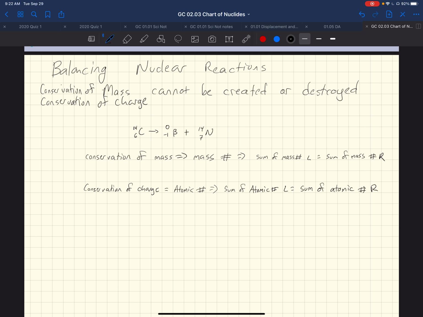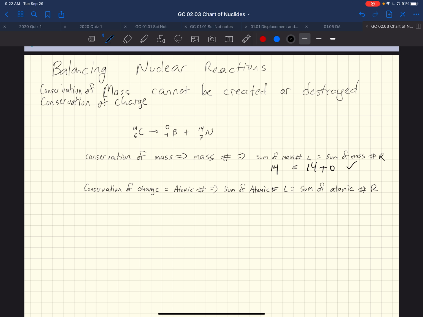So in this case, I have a total mass number of 14 on the left side, and then I have a mass number of 14 plus 0 on the product side. That's going to work out.